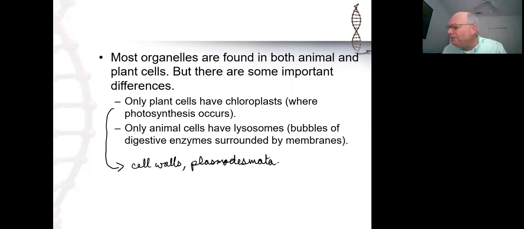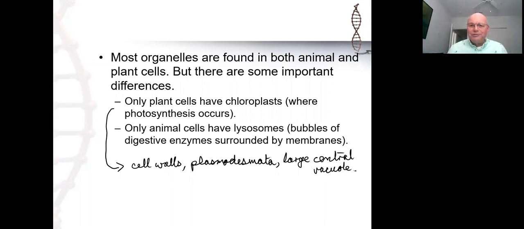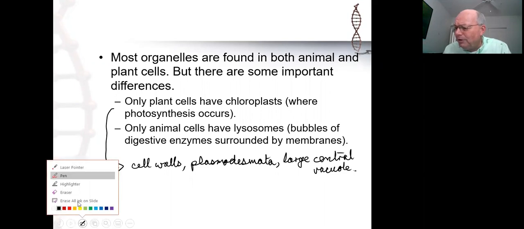And there is one final feature called the central vacuole. And I'm going to qualify that by saying large central vacuole. We'll talk more about what that does when we focus on the plant cell in a little bit more detail.